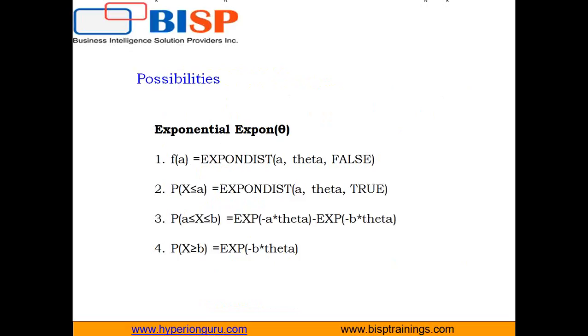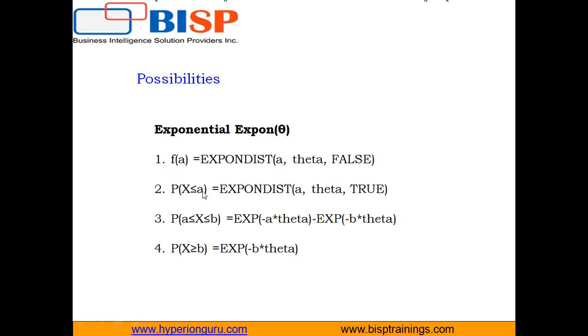There are four possible ways to calculate exponential distribution in Excel. First one is the simple case, when we are given a value a and we have to calculate its exponential distribution, then we just pass the value a, the lambda value, and the cumulative will be false to calculate the probability density function.